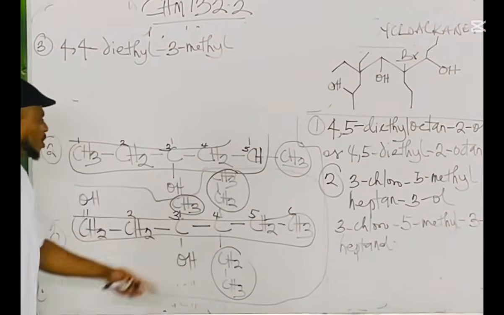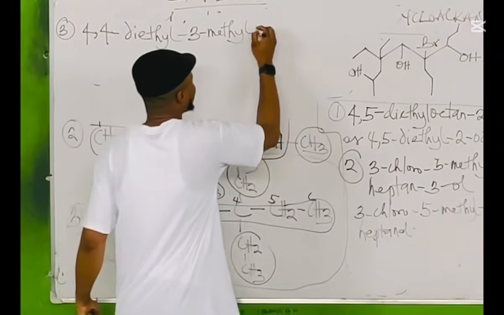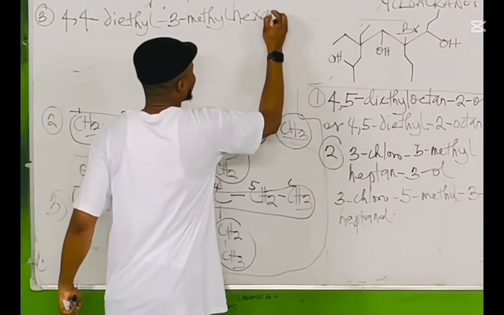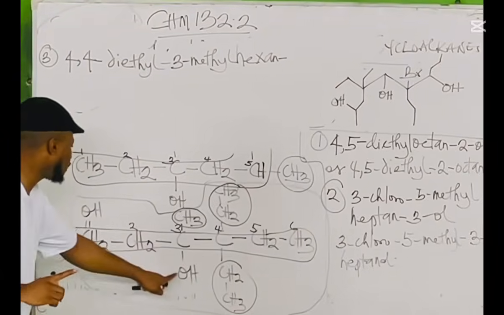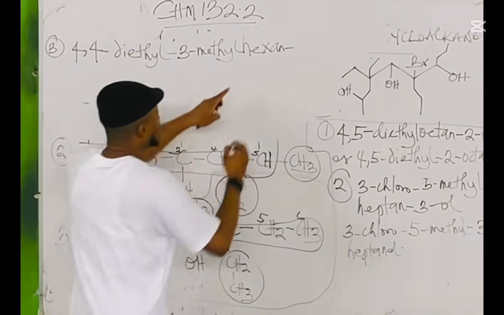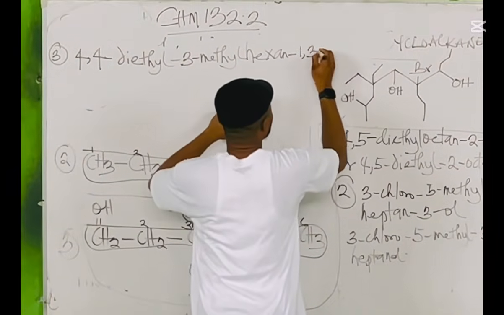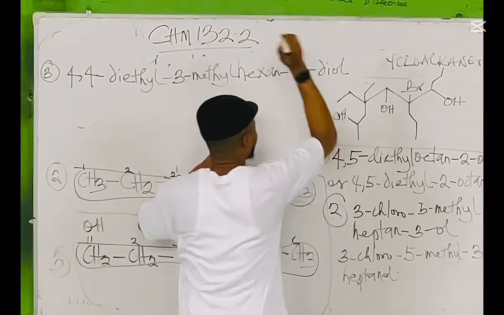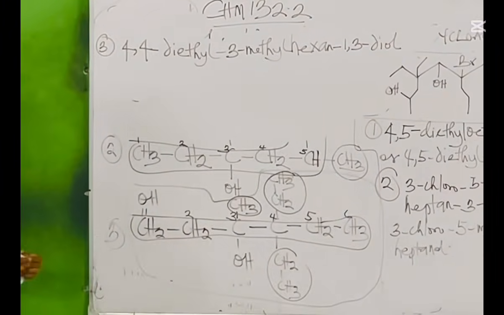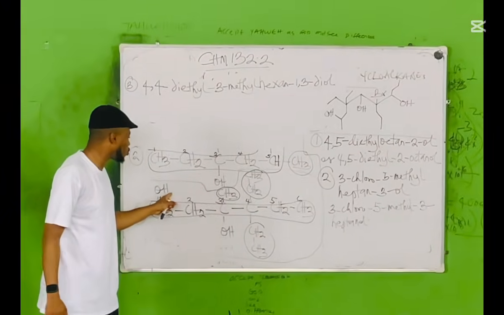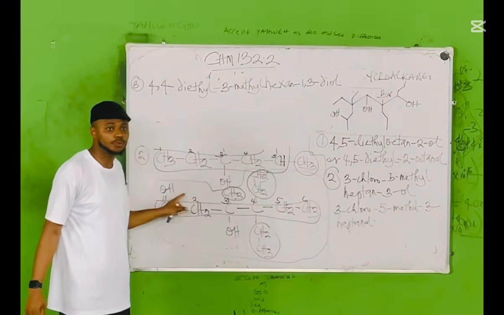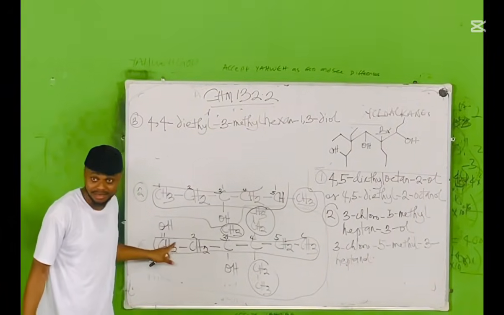How many carbons are in the long chain? 6, so hexane. The hydroxy groups are at carbon 1 and 3, so we say hexane-1,3-diol.